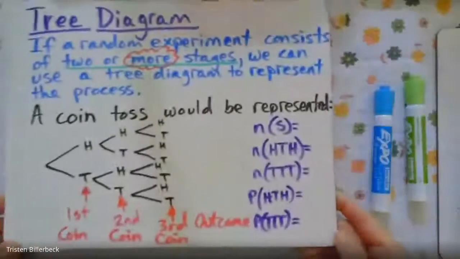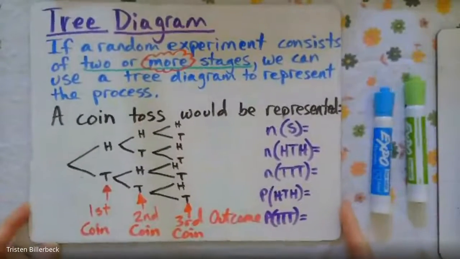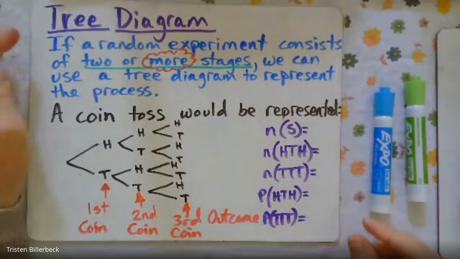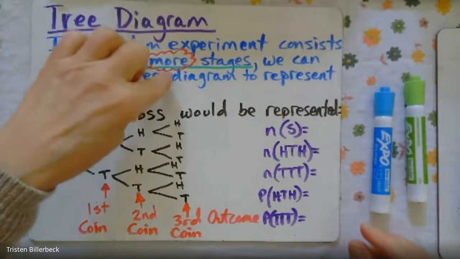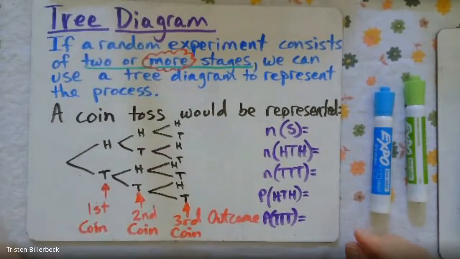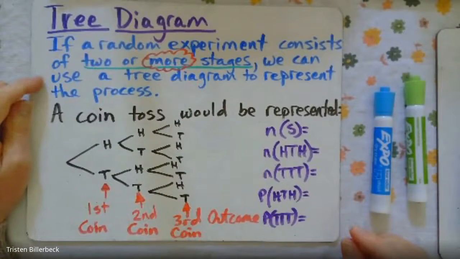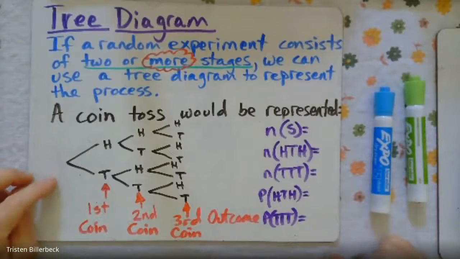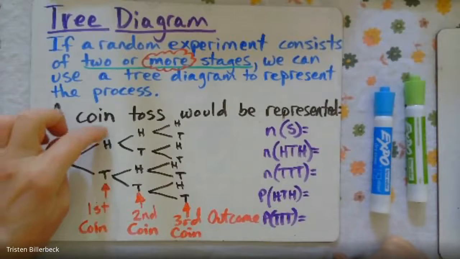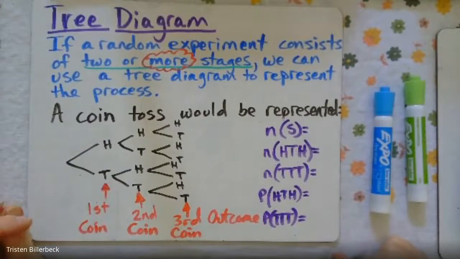The next thing we need to talk about is the tree diagram. If a random experiment consists of 2 or more stages, we can use a tree diagram to represent the process. So a coin toss would be represented like this, where our first coin could be a heads or a tail.